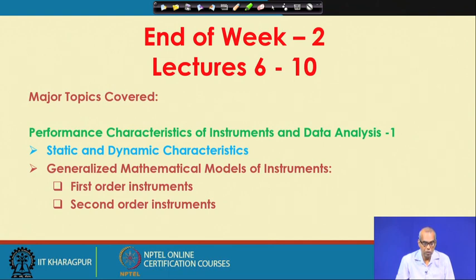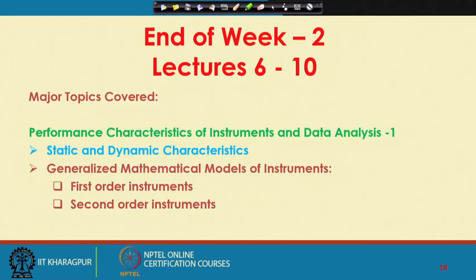We have talked about first order instruments, taken examples, analyzed them, and talked about step responses. We have also talked about second order instruments, taken examples, developed the mathematical expressions representing a second order instrument, analyzed it, and also analyzed the second order response.